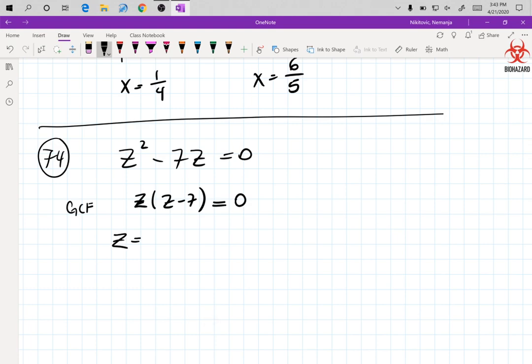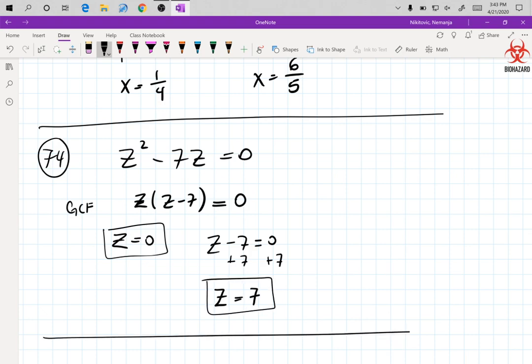So z equals 0 is the first answer. And z minus 7 equal to 0. Add 7 to both sides. z equals 7. So that's what we have for this particular one.